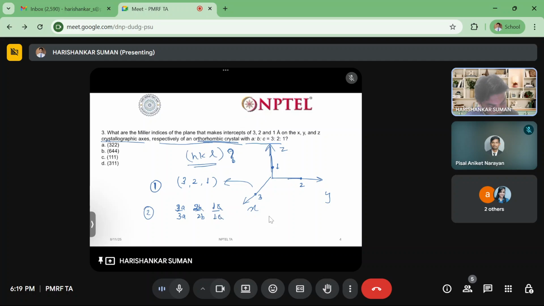So these cancel out. This is 1, 1, and 1. Already in simplest form. So C will be the answer.